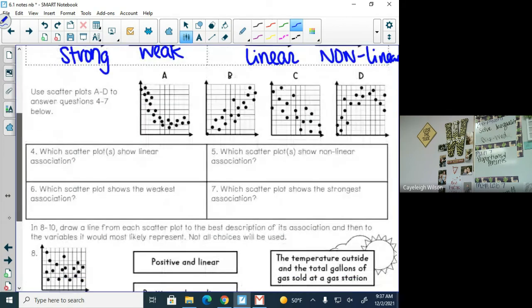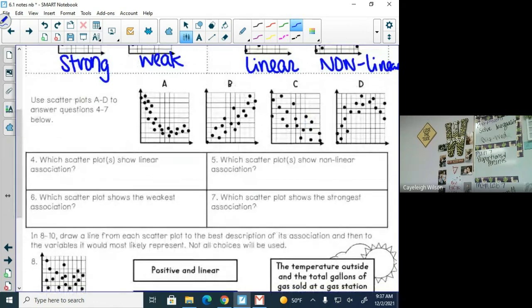Okay, down here, it says use scatter plots A through D to answer the questions below. So, which scatter plots show a linear association? So let's all look at them. It could be one, it could be more than one. But I want you to look at them and figure out which ones you think would be considered to be linear.